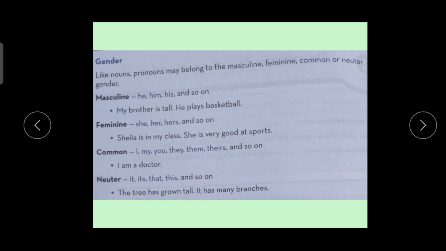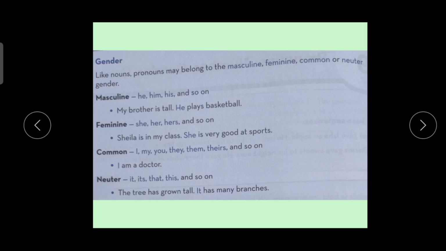You all must have noticed that whether it is a boy or a girl, we can use the words we, you, they to refer to those genders. These words are common gender. I am a doctor. If we are using the pronoun I, then we can say that we are using a common gender pronoun.